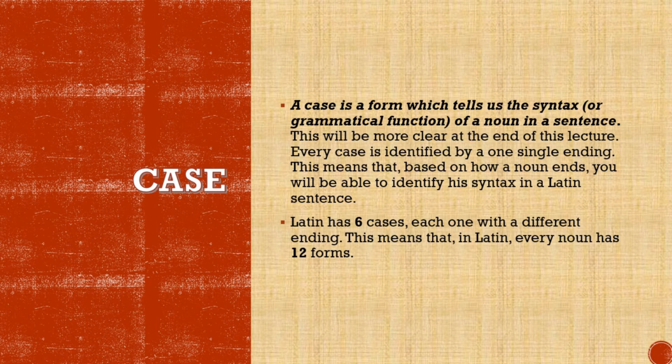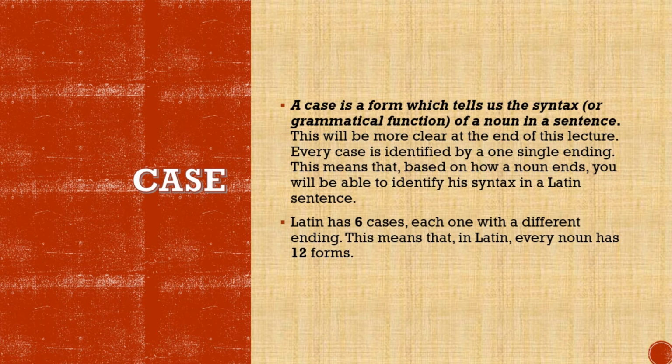A notion which might be new to some of you is the notion of case. A case is a form which tells us the syntax or grammatical function of a noun inside of a sentence. We have already seen today in class the notion of syntax, so I'm not going to repeat that again. By the way, the concept of case will be clearer at the end of this lecture.